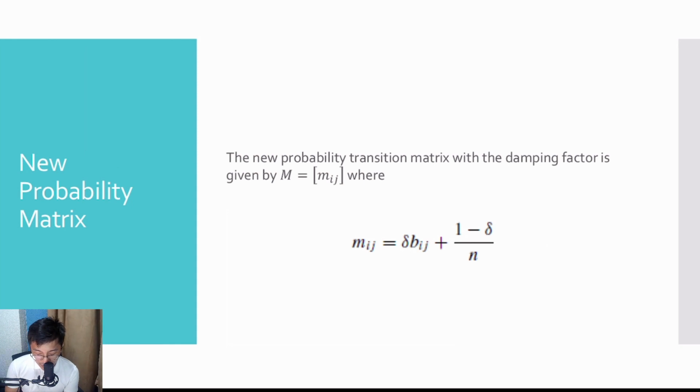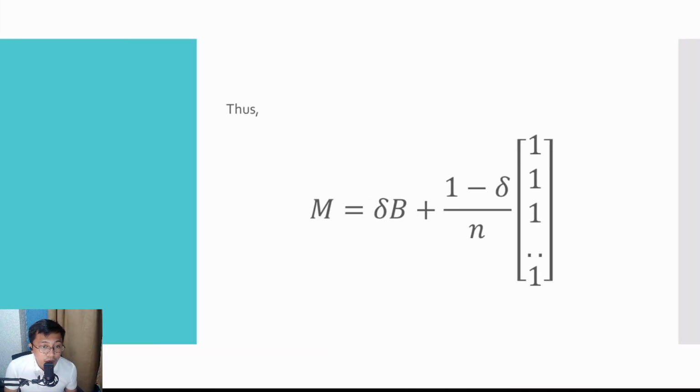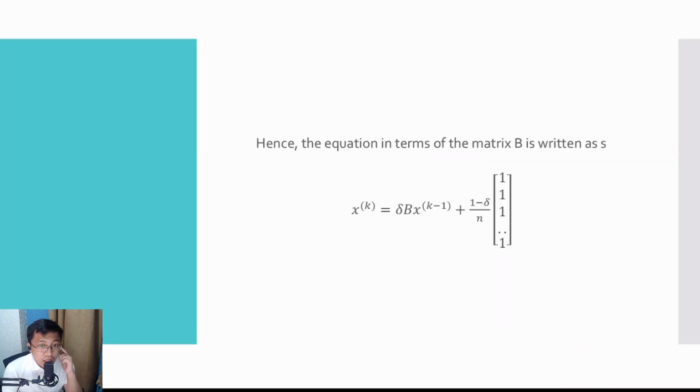So, we have delta B sub ij plus (1 minus delta) over n. And then the Markov chain will look like this. We will replace the matrix by M, but we know that M is delta B plus (1 minus delta) over n times a column matrix that includes 1. So therefore, the equation will be like this.